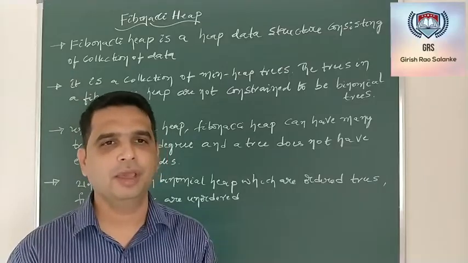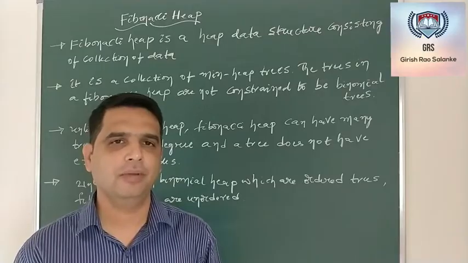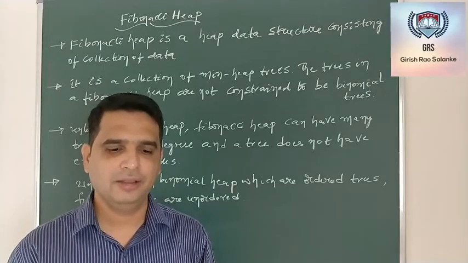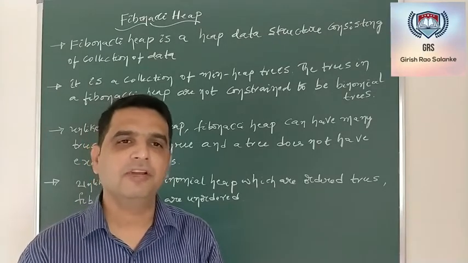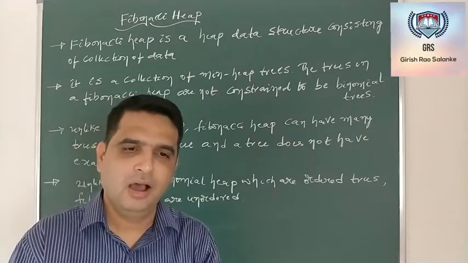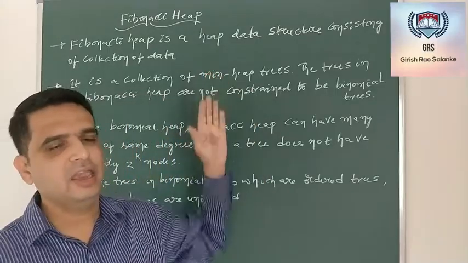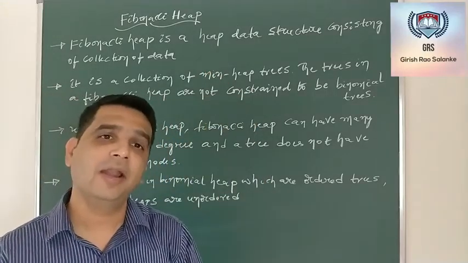In the case of a binomial heap, which was defined as a collection of binomial trees, it was an ordered collection of binomial trees. But here in a Fibonacci heap, it is an unordered collection.